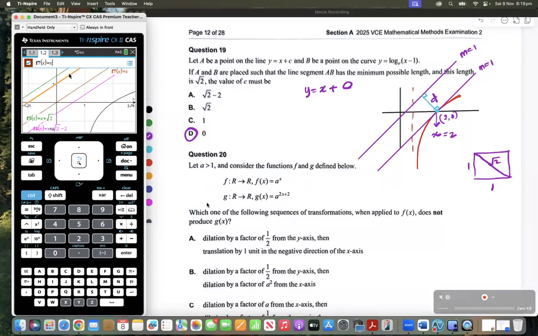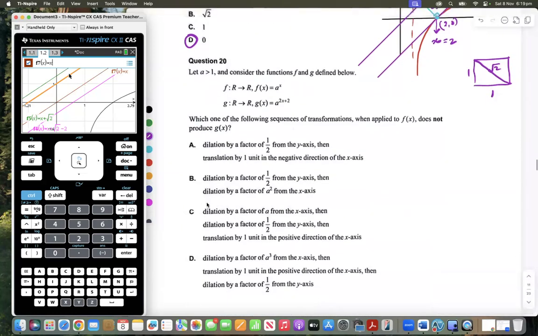Okay. Last question. Very good. The last question I have is a to the power of x. Okay. Let's consider it. Translations. So a to the power of x is the f(x) graph.